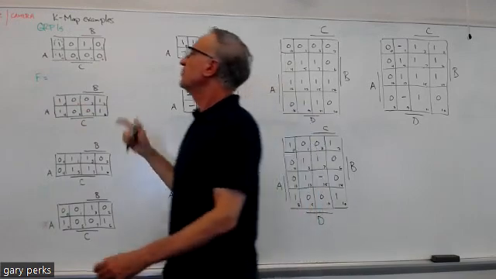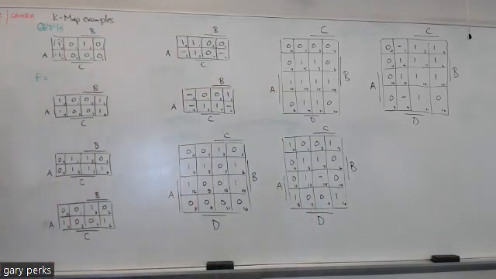Okay. So now to get the term for that grouping, you look at what's common to that grouping. So you're looking at this grouping and what's common, what variables are common? What is it? Not C is common.